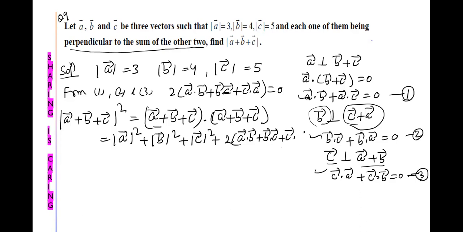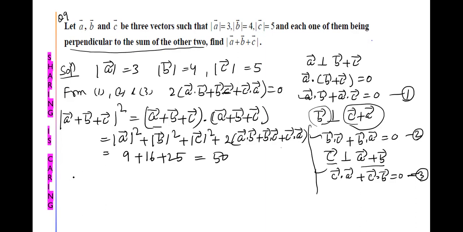Okay, so now you can see this is 0, we have already proved it. So what are we getting? Square of magnitude of A is 9, plus square of magnitude of B is 16, and this is 25. Means we are getting 50, right?